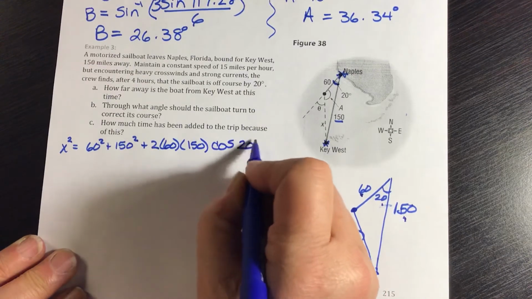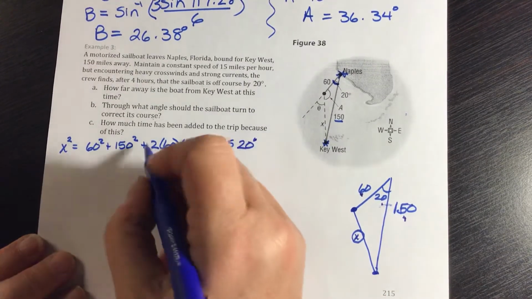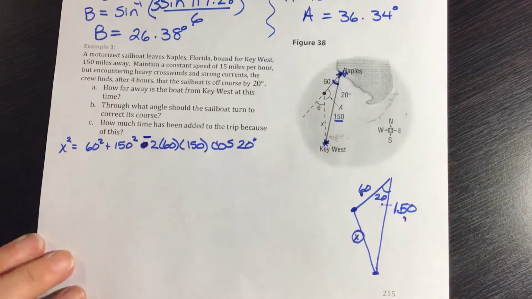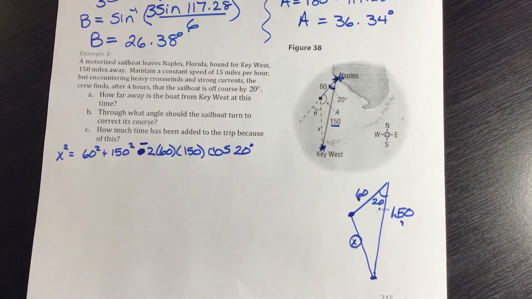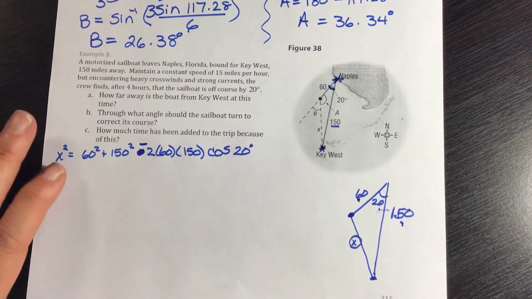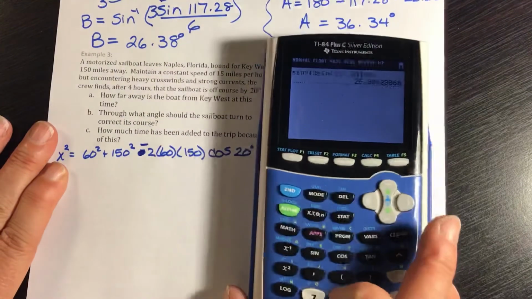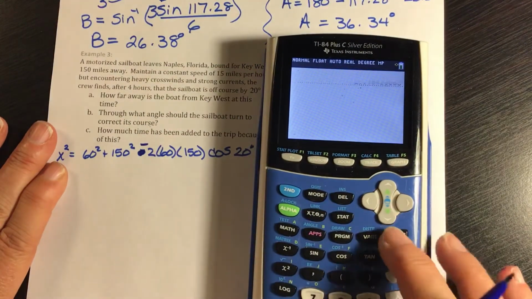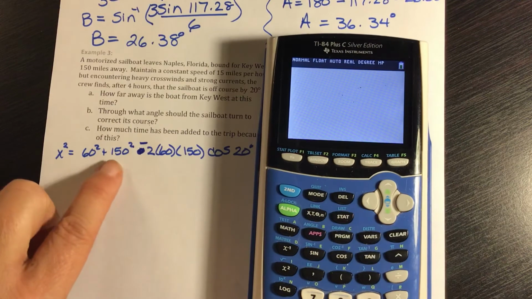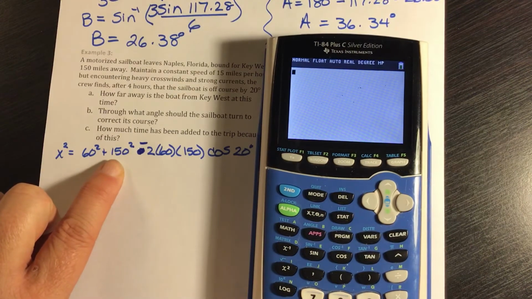So cosine of 20 degrees. And sorry, this is a minus right here. All right, so this is all calculator work here. So I'm going to do 60 squared plus 150 squared.